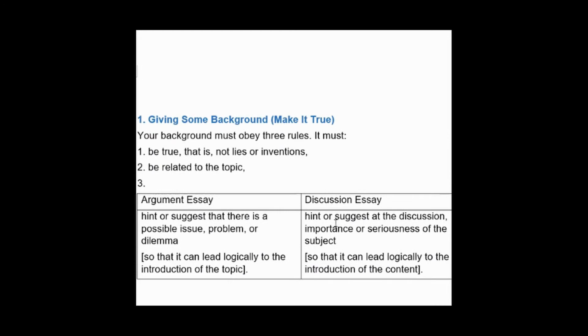Now, as far as the background goes, there are a couple of things that you have to keep in mind. It's got to be true what you are writing, and also it has to be related to the topic. And when you're writing a discussion essay, it should hint at the discussion that's going to follow and also the seriousness of the subject. So then you can logically introduce the content.